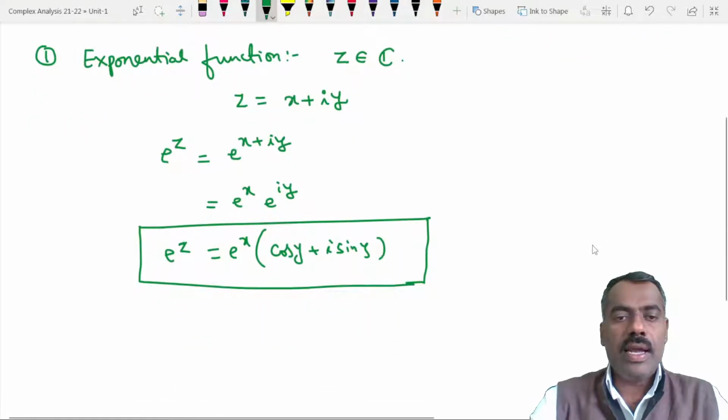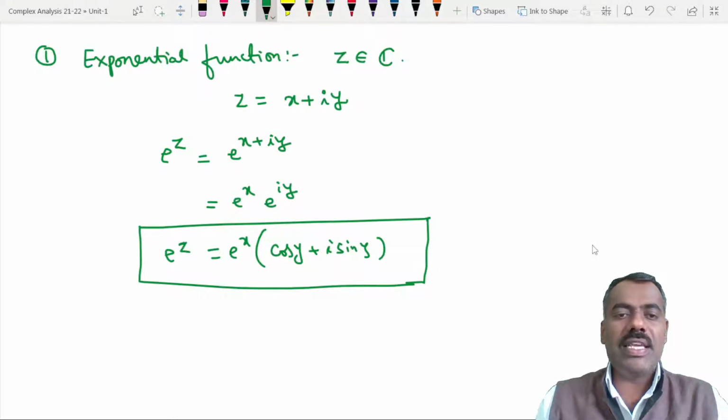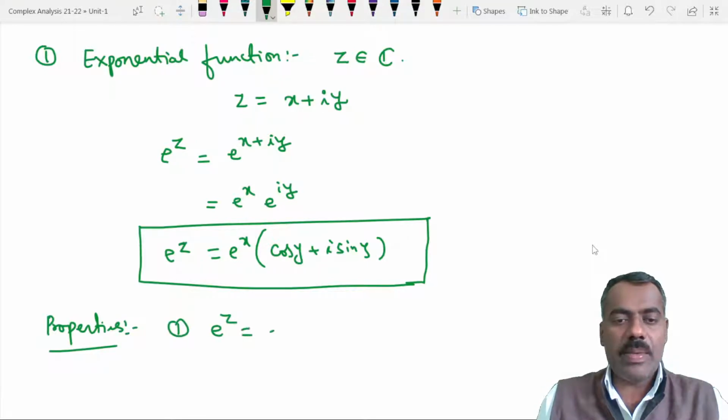Now you can check that clearly when y is 0, you will get e power z is the same as e power x. So one can observe some properties. The first one is e power z equals e power x when y is equal to 0.